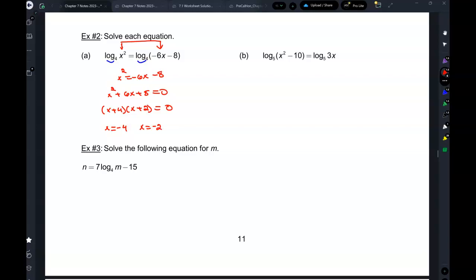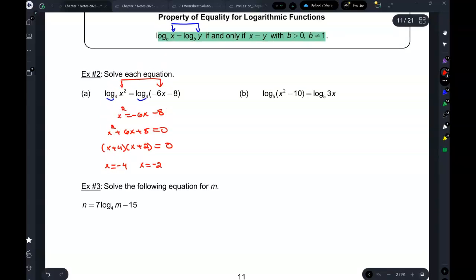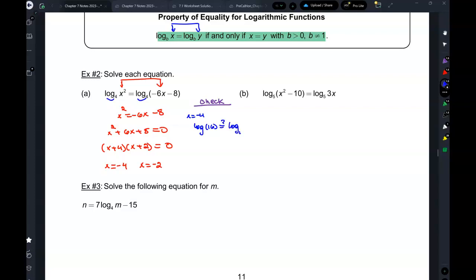Okay. Now, there is a little bit of an issue though. You guys ready for the issue? There's always an issue. Isn't there always an issue? You have to plug it back in. You have to plug it back in to check. All right? So x equals -4. We get log base 4 of 16. Is this equal to log base 4?